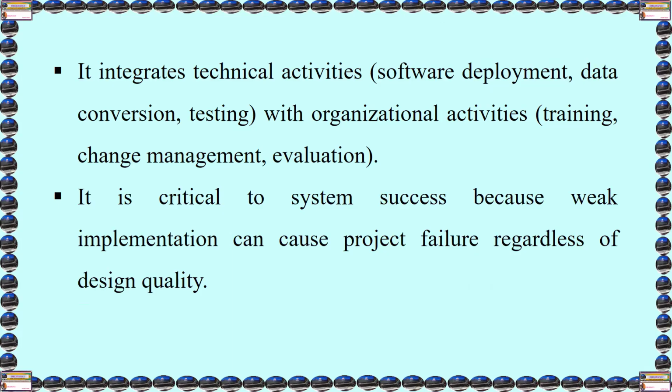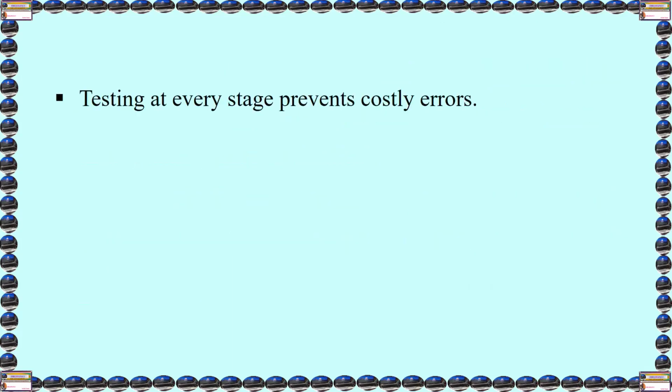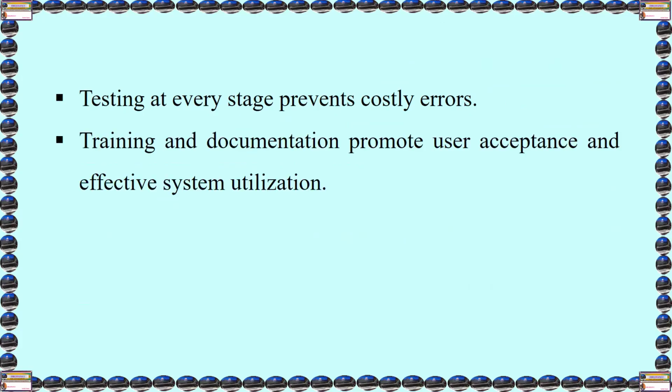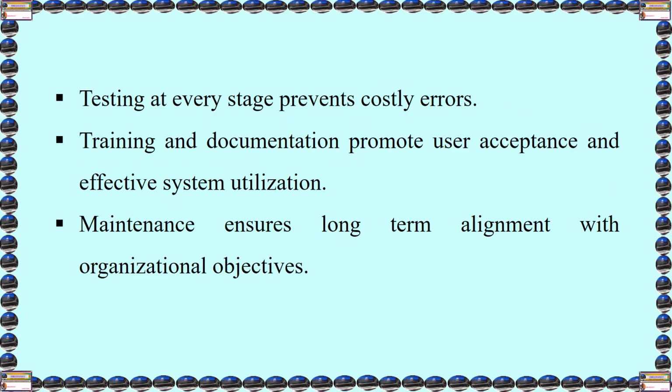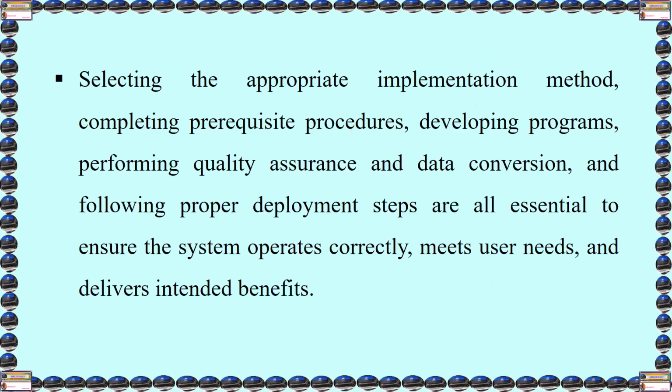It is critical to system success because weak implementation can cause project failure regardless of design quality. Testing at every stage is therefore important because it prevents costly errors. Training and documentation promote user acceptance and effective system utilization. Maintenance, on the other hand, ensures long-term alignment with organizational objectives.